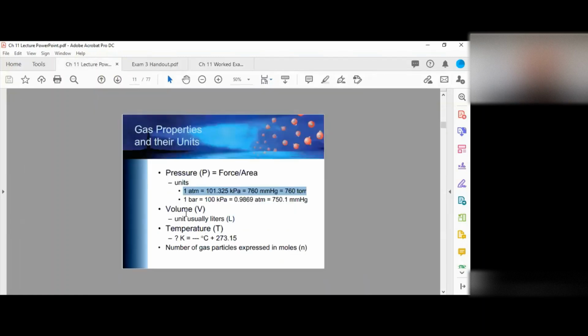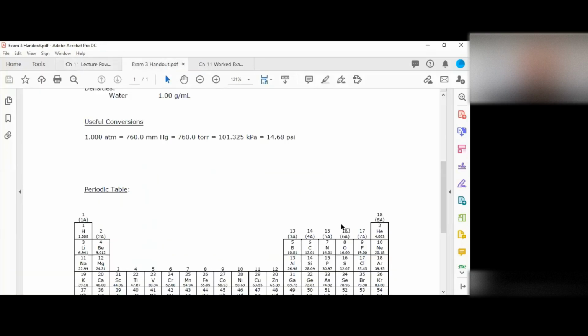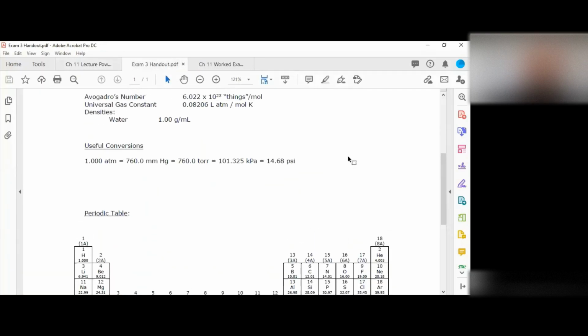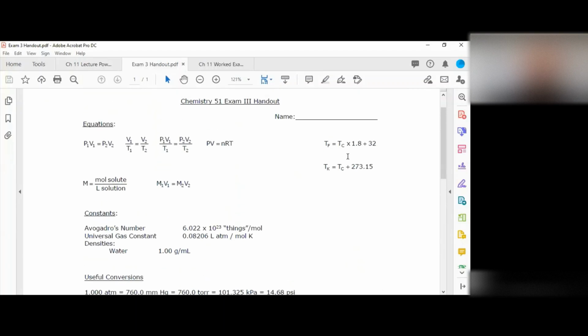Volume, that's another property that's usually expressed in the unit of liters. Temperature, usually expressed in the unit of Kelvin. And we already know that to calculate the temperature in Kelvin, we add up the Celsius plus 273.15. This is given to you in the exam handout. If you go to the exam handout, you will find it listed on the right-hand side.